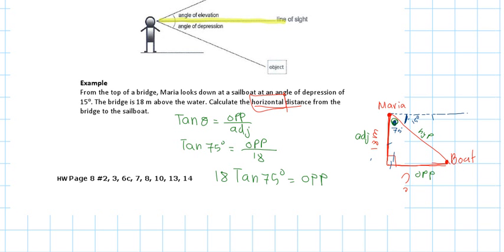Can someone give me the answer? 67? Point what? So 67.2, and that is going to be meters.